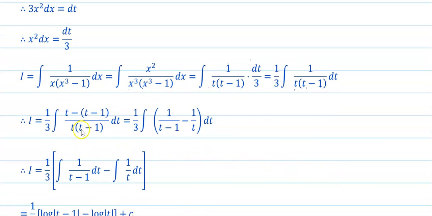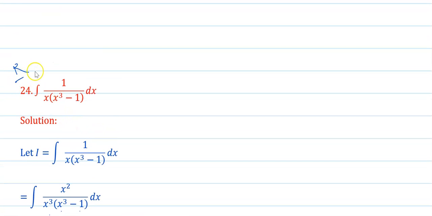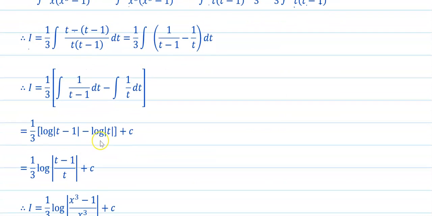Okay. Now we make an adjustment here. Therefore I is equal to 1 by 3 integral of plus t minus t. Plus t minus t get cancelled, and minus and minus will become plus 1. Overall, if we simplify this, then it is 1.